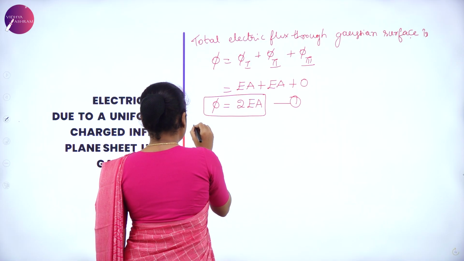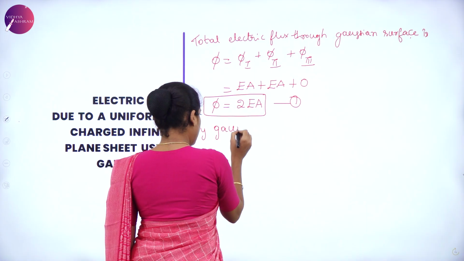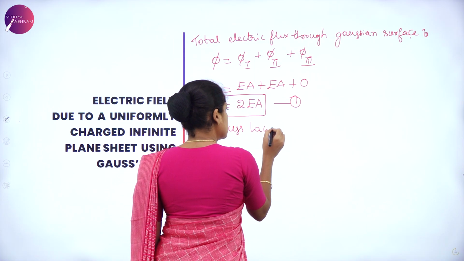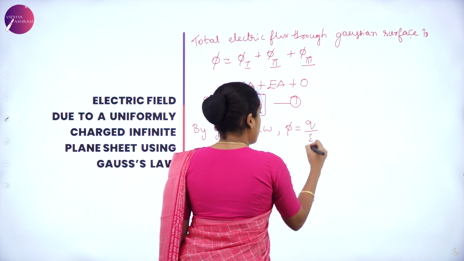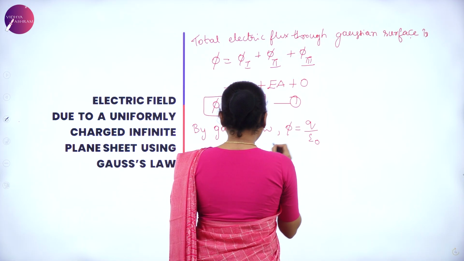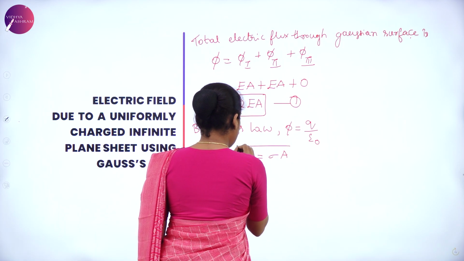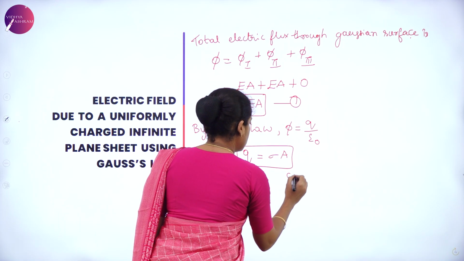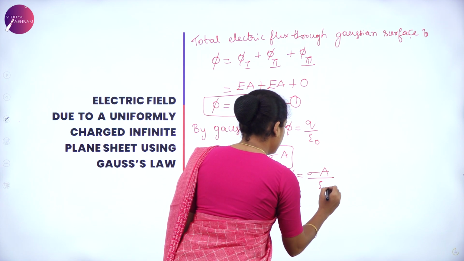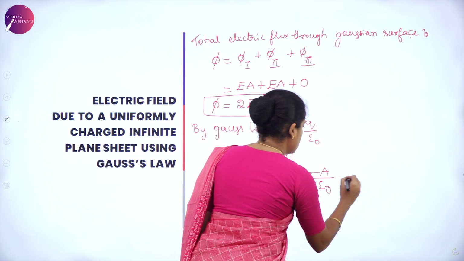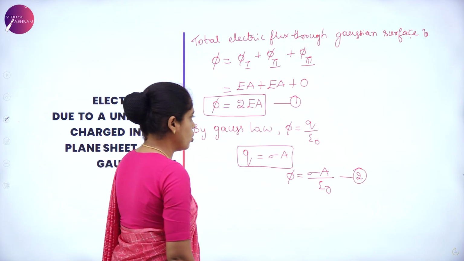Next, let us use Gauss law. By Gauss law, flux is equal to Q by epsilon naught, and we know Q is equal to sigma A. Substitute that in the above equation in the place of Q, then you get flux is equal to sigma A by epsilon naught.